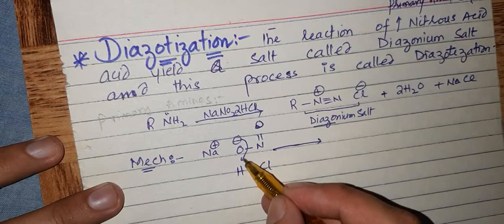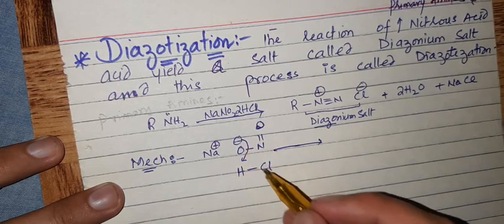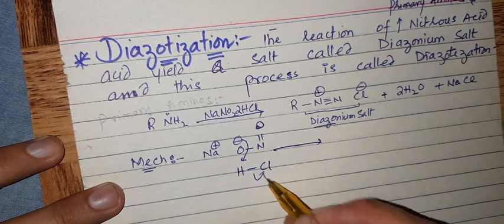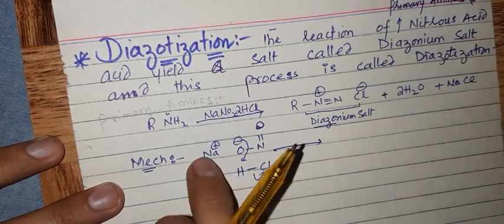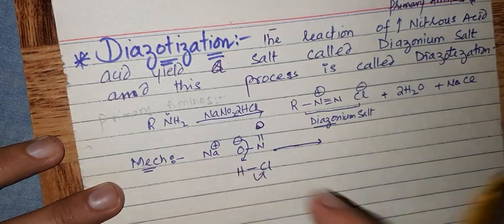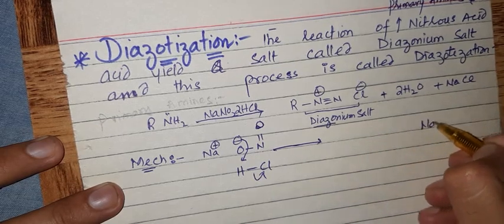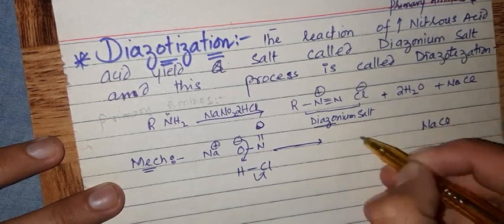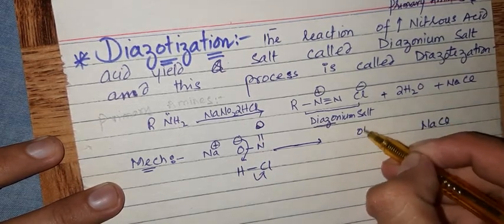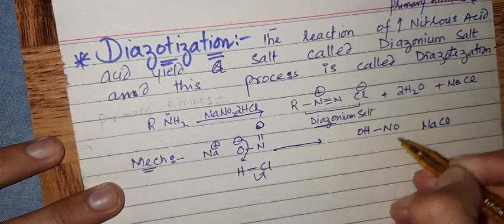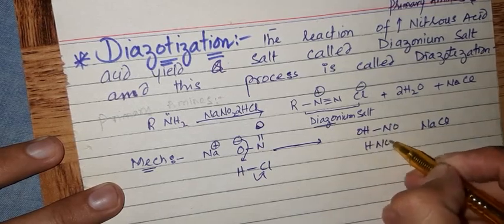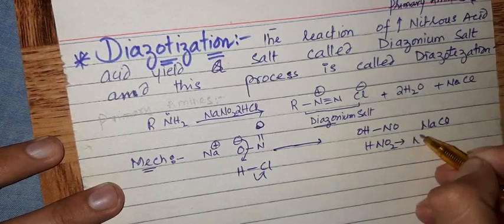This proton takes this electron pair, and this chlorine leaves as a chloride ion, which is taken by the sodium cation, and we get sodium chloride as a salt, and here we get HONO or HNO2, which is nitrous acid.